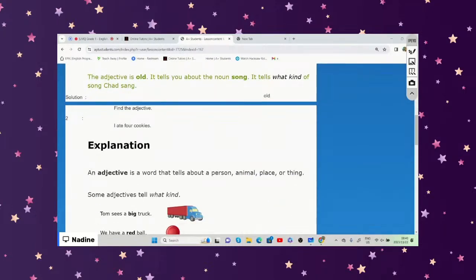All right. I ate 4 cookies. What is the adjective that tells us how many? I ate 4 cookies, which means that 4 is our adjective because it tells us how many.